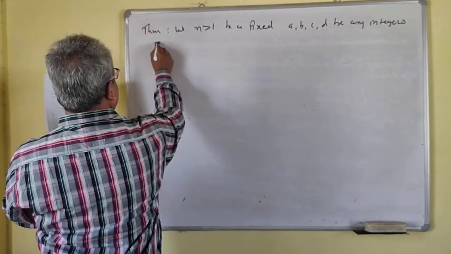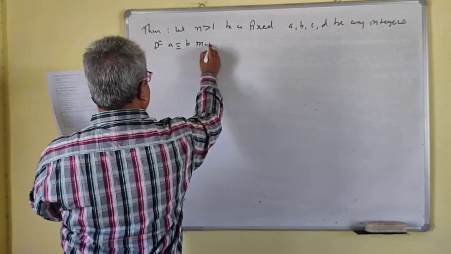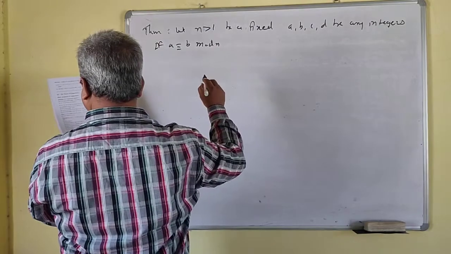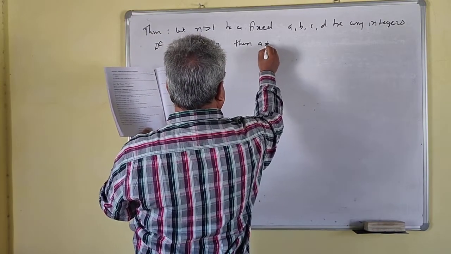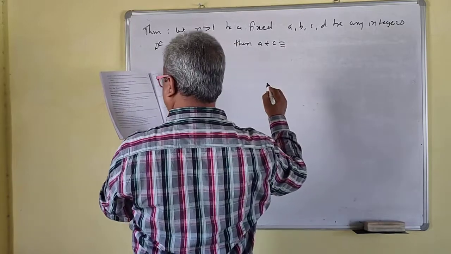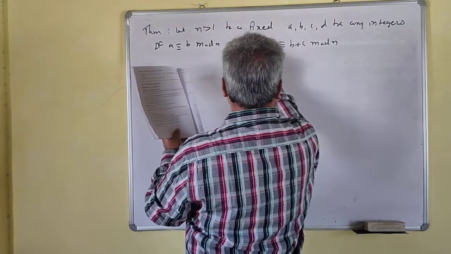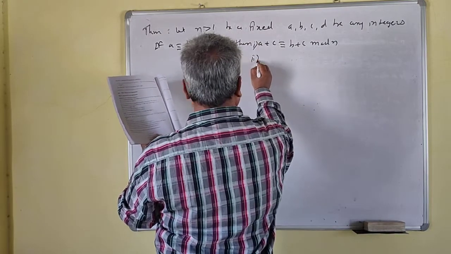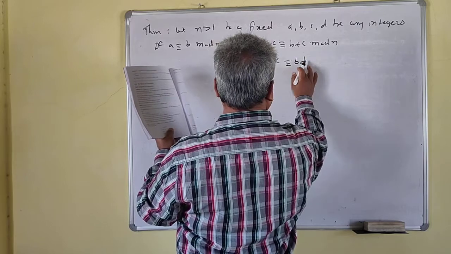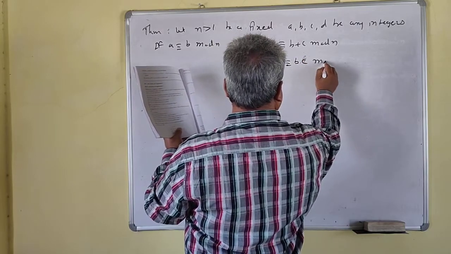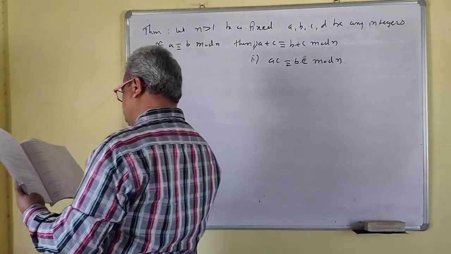If a is congruent to b mod n, then first, a plus c is congruent to b plus c mod n, and second, ac is congruent to bc mod n.